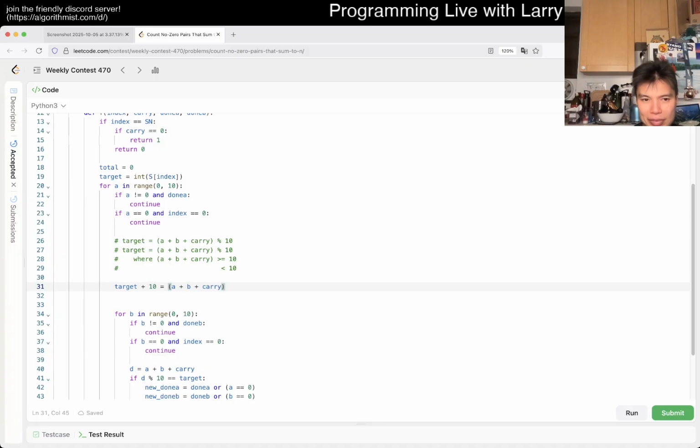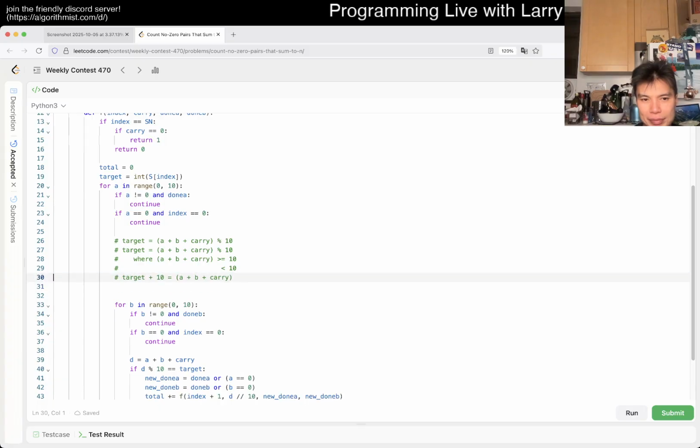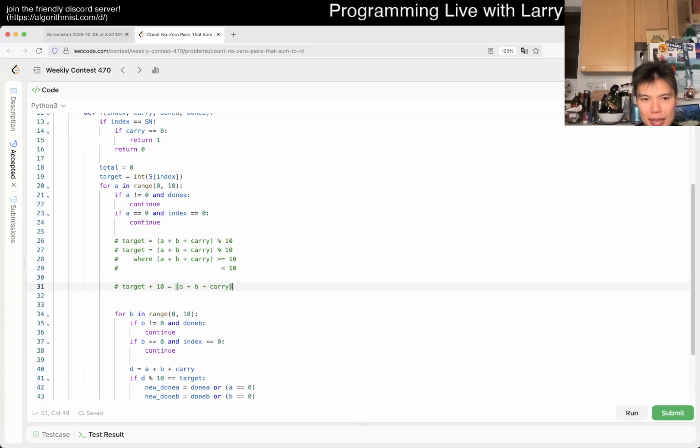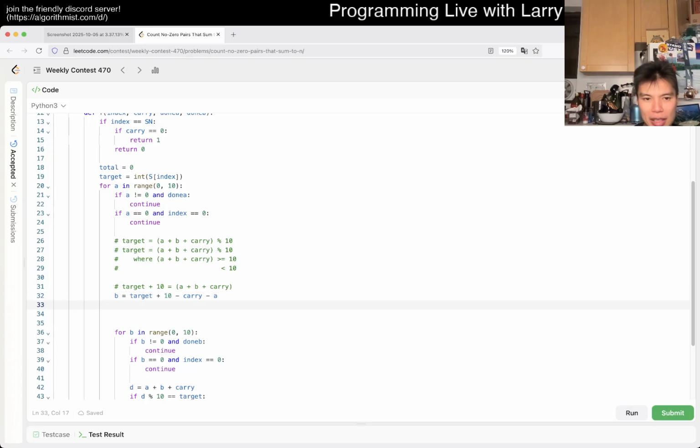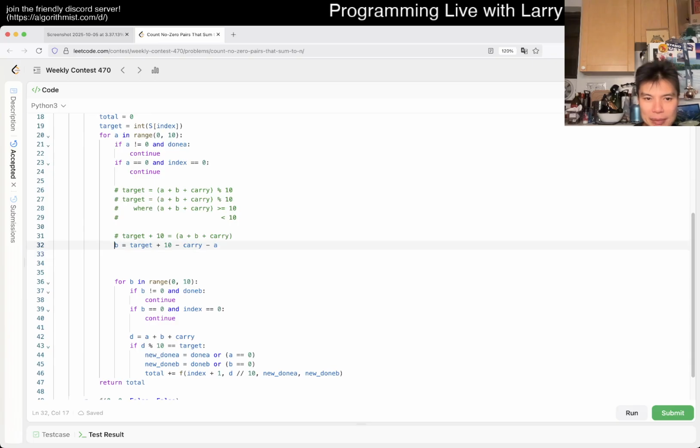So that's the math, right? And in that case we minus carry on both sides, minus a on both sides, and then that's b, right? So b is equal to this minus a minus carry. B cannot be 1, well, I guess it actually could be 0. Whoops. So okay, so we tried this b for now.